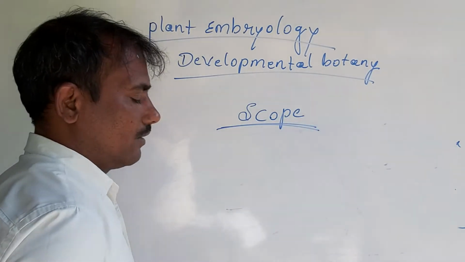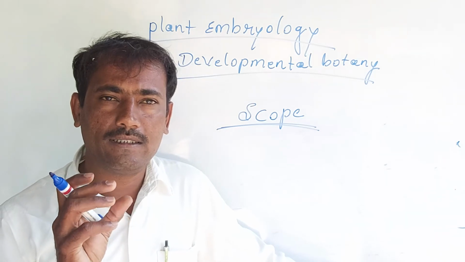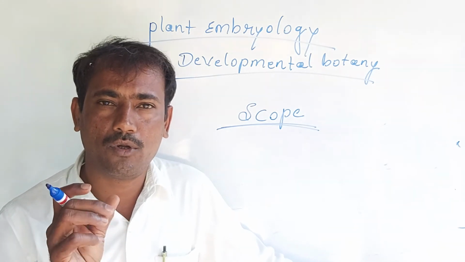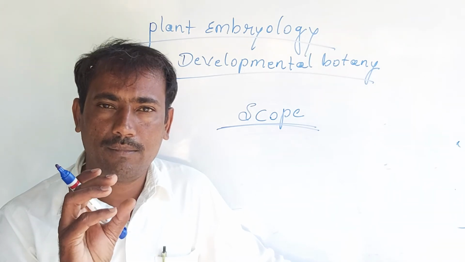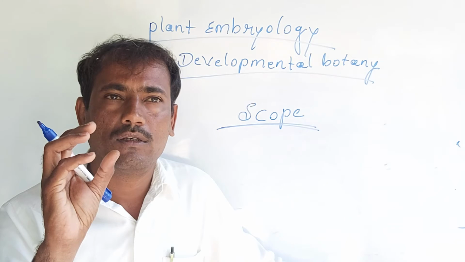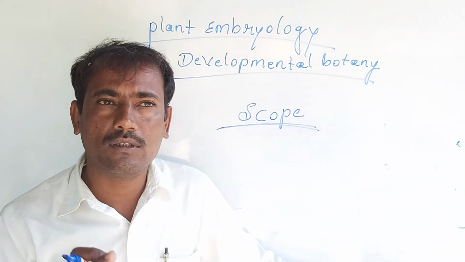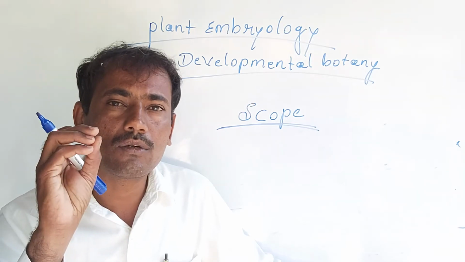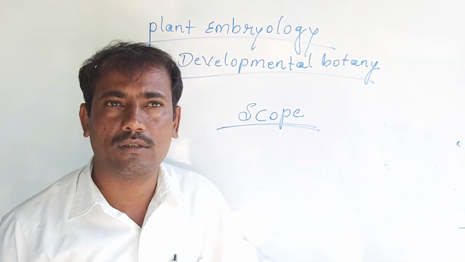Scope of embryology means what? Knowledge of the different structures of the flowers, namely the anthers or pollen grains, the pistil or gynoecium, the ovule or ovary, the different types of embryo sac, the development of the embryo sac, the development of the embryo, and the development of other structures of a flower, gives us an idea to assign a particular group of plants to its respective genus, family, or species.